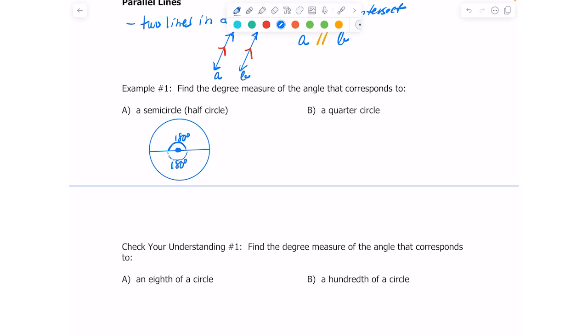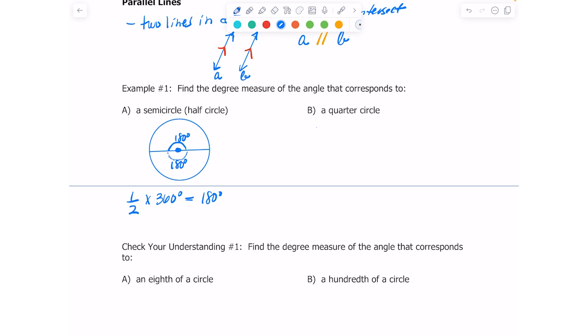So I know that that angle is 180 degrees, but a full circle has 180 plus 180, or 360 degrees. So remember that circles measure 360 degrees inside. If I take half of 360 degrees, I end up with 180 degrees. So that's the measure of the angle that corresponds to a semicircle.